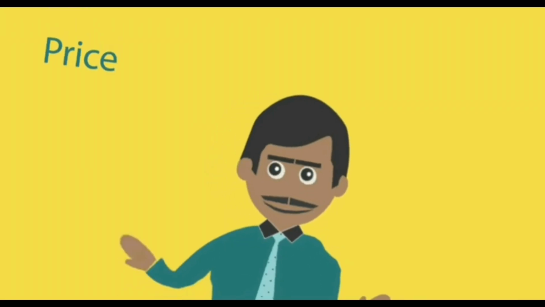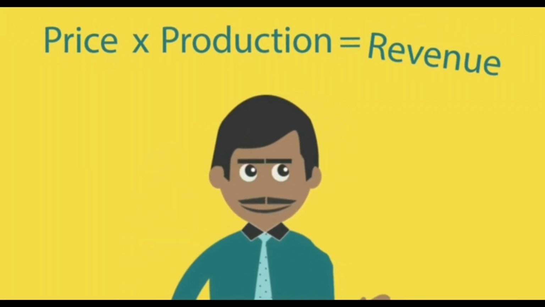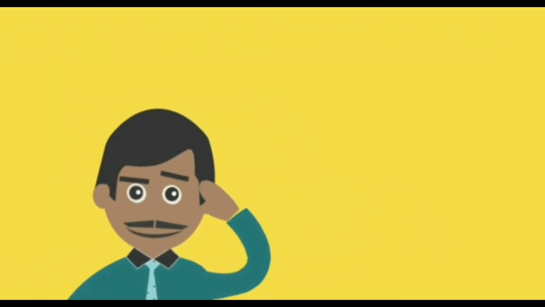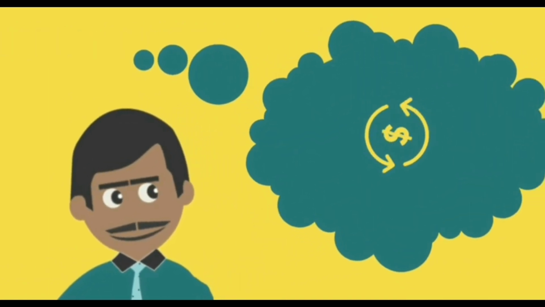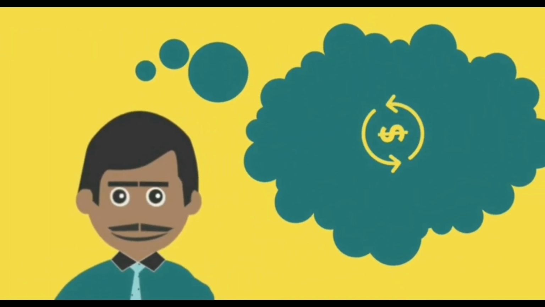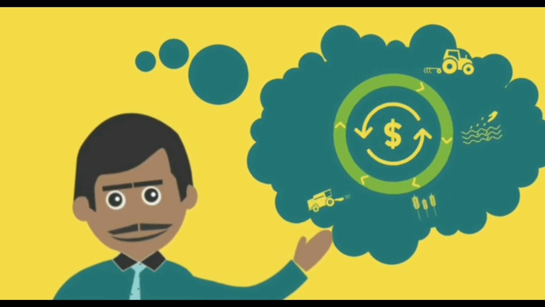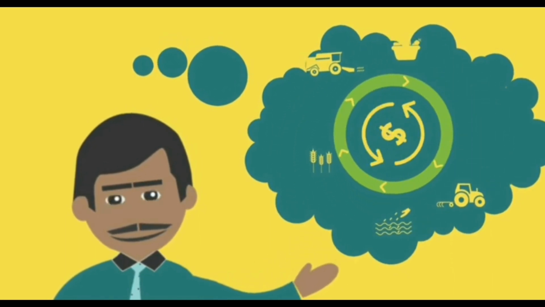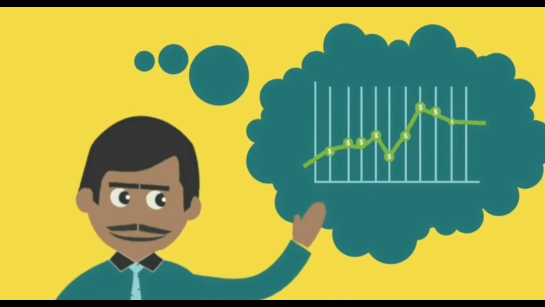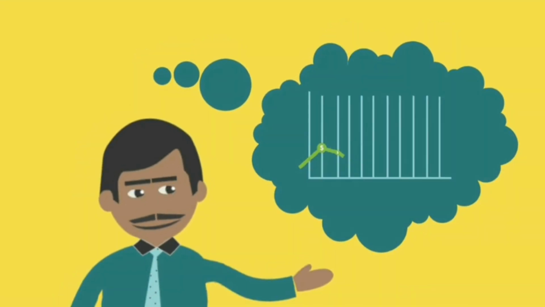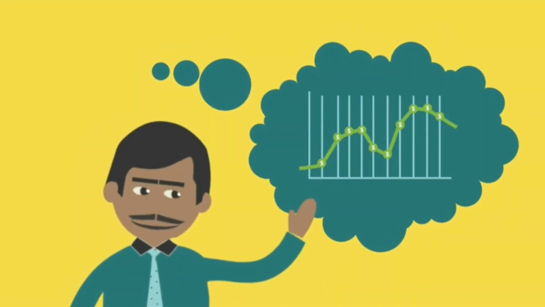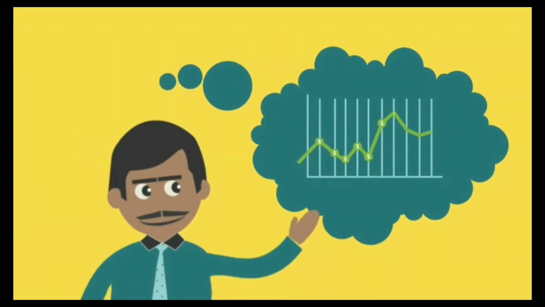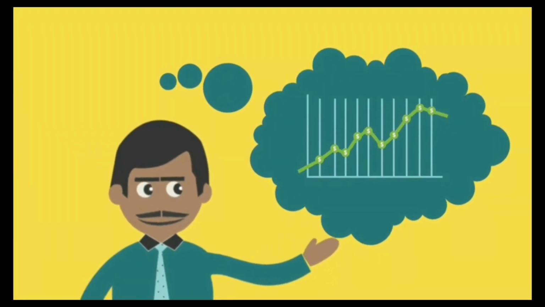Price times production equals revenue. It is critical that bankers, when determining whether to lend to an agriculture client, be aware that cash flows are linked to the agriculture production cycle. That agriculture cycle varies throughout the season.